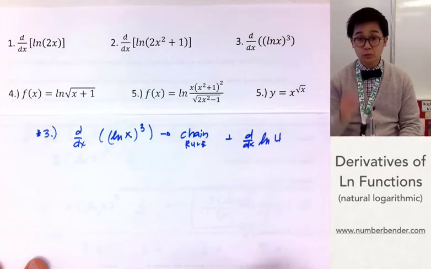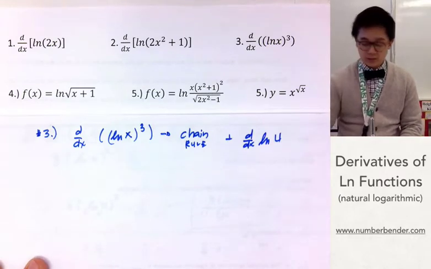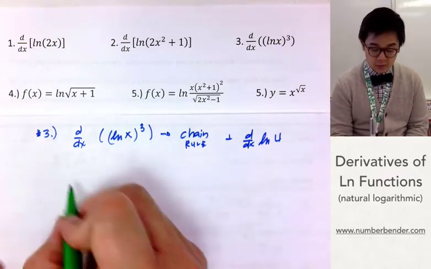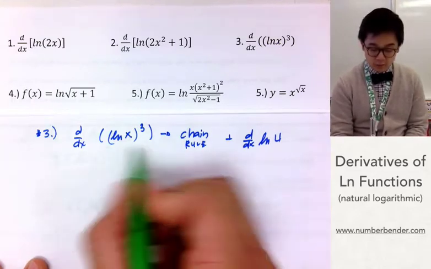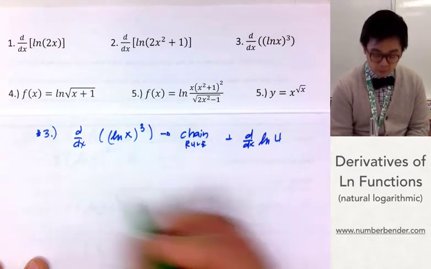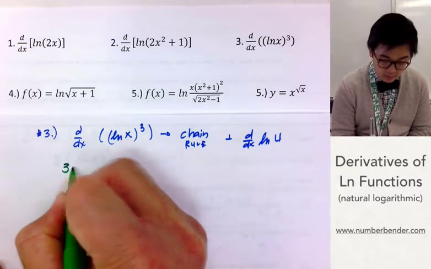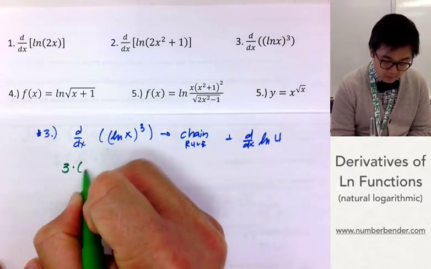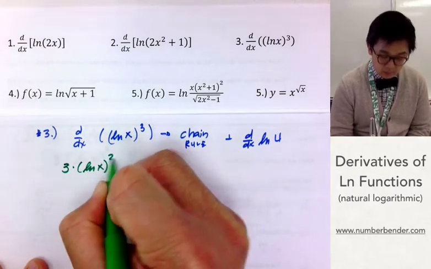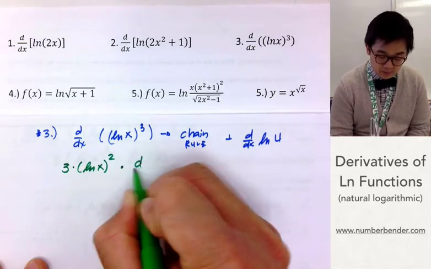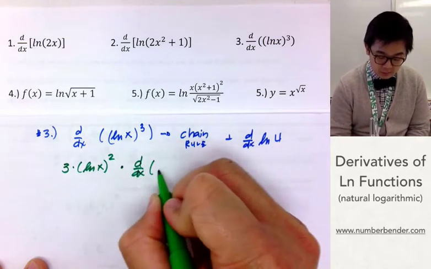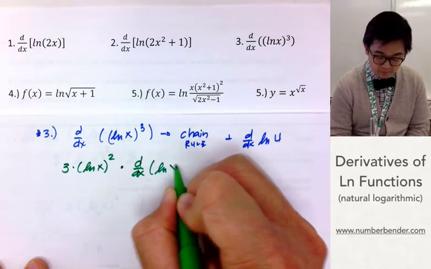So we're going to use two derivative rules in finding the derivative of problem number 3. So let's go ahead and use the chain rule for ln x raised to the third power. So it'll be 3 multiplied by ln x squared times the derivative of the inside, which is ln x.